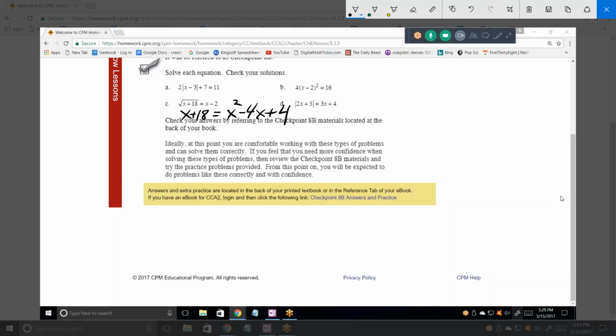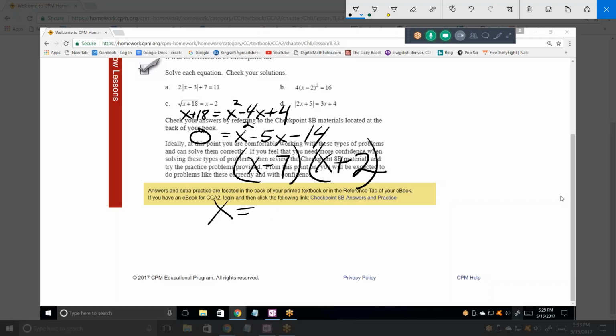Now, if we put everything on the same side, we're going to have x squared minus 5x minus 14. That does factor into what? X minus 7 times x plus 2. Solve. X equals 7 and negative 2.